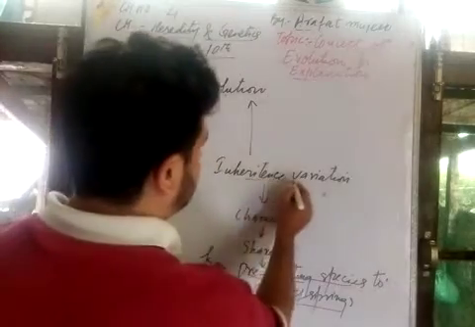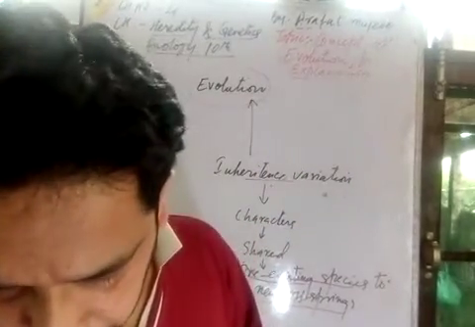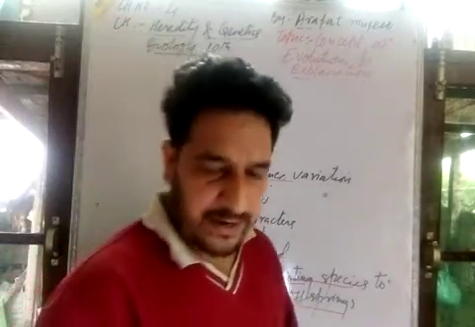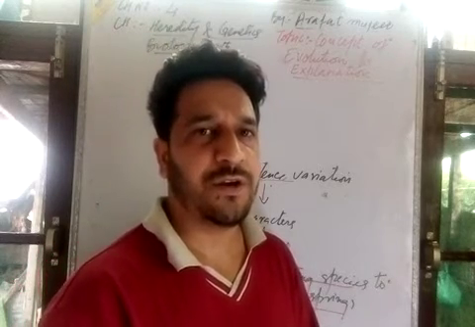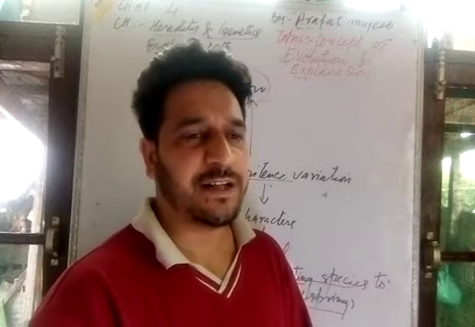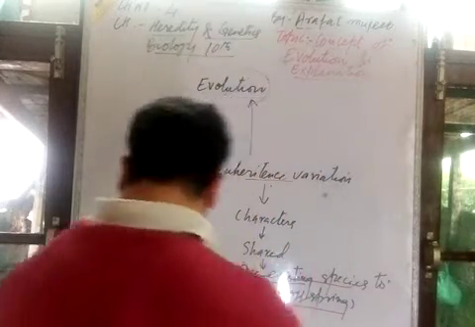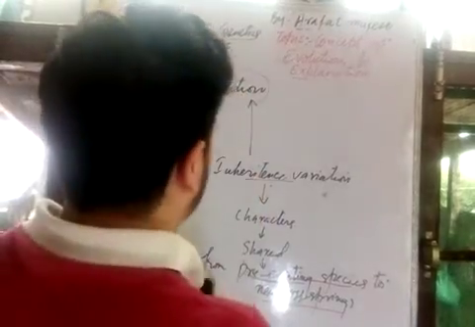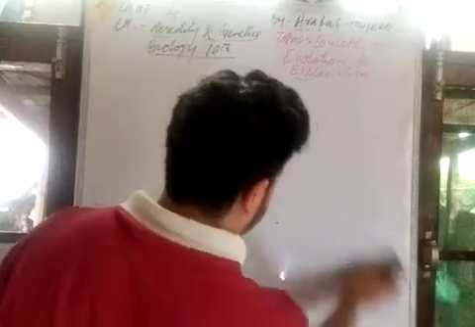This is the inheritance variation, and it plays an important role in the concept of evolution. Then यहाँ पे हम कहेंगे जो evolution जो concept है, it is best explained by taking the genetic variations, by taking the inheritance variations into consideration. That means I will explain this concept of evolution with an example.